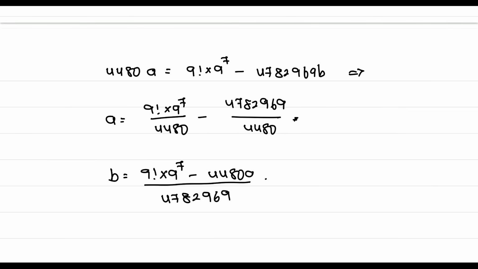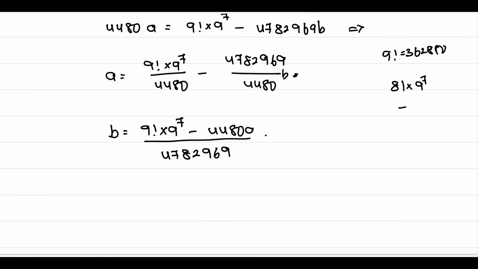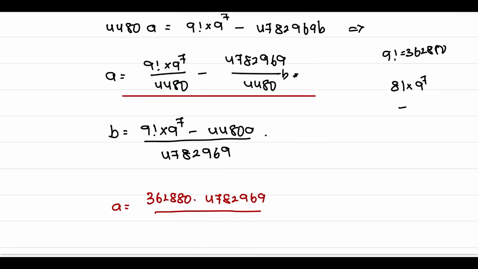These are the two equations we get for A and B. From this equation, we can see that A is equal to 362880 into 9 to the power of 7 divided by 4480 minus 4782969 divided by 4480 into B.